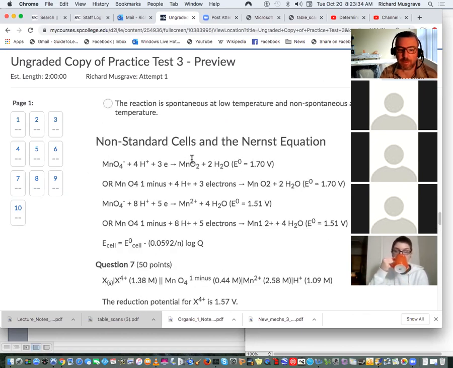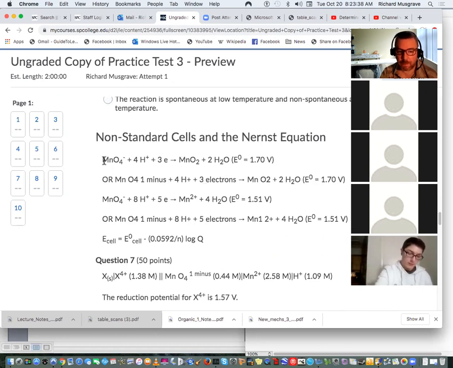It's under non-standard cells in the Nernst equation. You'll notice that I do give you the reduction potential reaction for any of the possible cathodes. There's only going to be two possible cathodes: either MnO4 minus goes to MnO2, or MnO4 minus goes to Mn2 plus. They're both listed here, so you don't have to go hunt those down. You don't have to have the table in front of you because I give you those values.